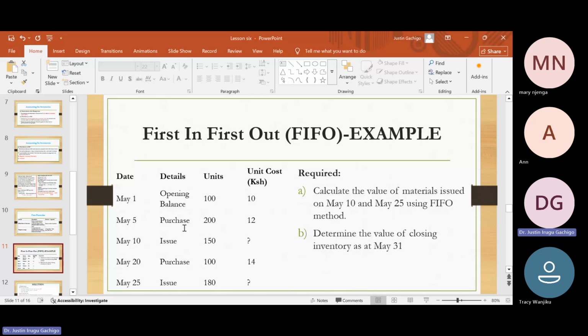So if you are given this kind of a question, so we have said that we are using first in, first out. First in, first out. So the goods which arrived first are going to be sold first.